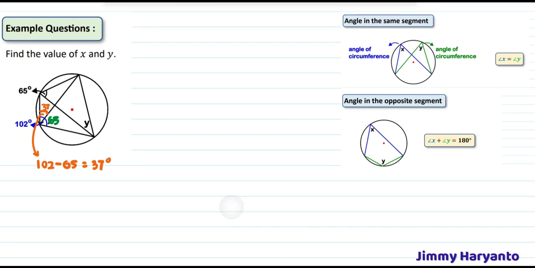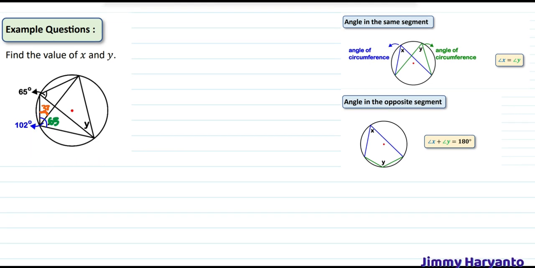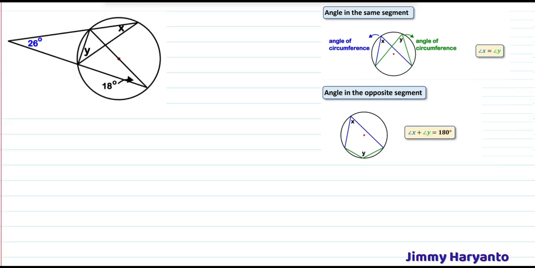The orange angle is a circumference angle facing this arc. And then the Y is also a circumference angle facing the same arc as the orange. That means the angle will be the same. So Y equals 37 degrees. That is how you find X and Y in this question.